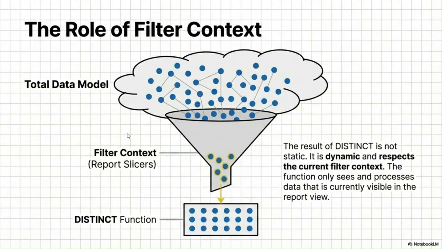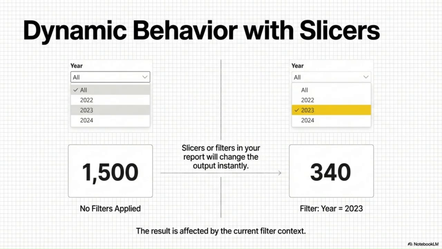One powerful feature of DISTINCT is that it respects the filter context. When slicers or filters are applied in the report, DISTINCT only sees the visible data. This means results are dynamic and automatically adjust based on user selections. You can see a live example with no filters applied.